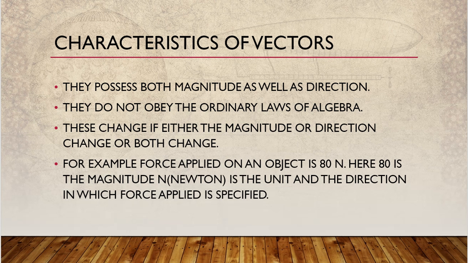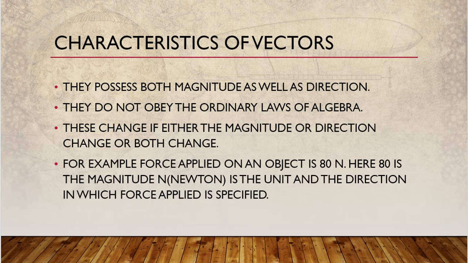For example, the force applied on an object is 80 Newton. Here 80 is the magnitude, Newton is the unit and the direction in which the force is applied is specified. Say it is towards south. If I change the value 80 to 70, then the value of the vector changes.